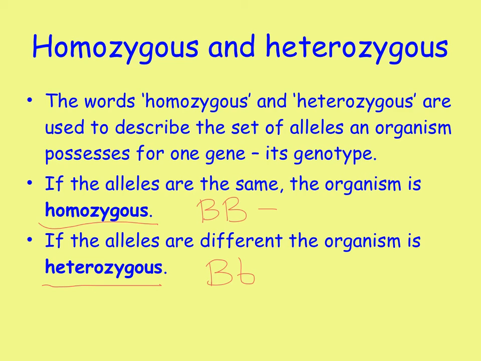When we're looking at homozygous, it doesn't need to be that it's always the dominant alleles that are there. It can be recessive. So this, for example, would be homozygous. And you would find that if recessive characteristics show up in the appearance of an organism, then the individual is always homozygous, because both of these recessive alleles must be there.